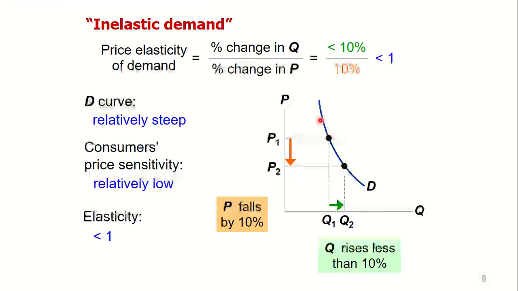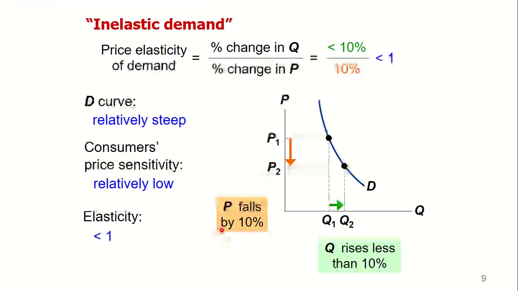The demand curve is relatively steep. The consumer price sensitivity is relatively low. You can see the big change in price here did not result in a huge change in quantity.